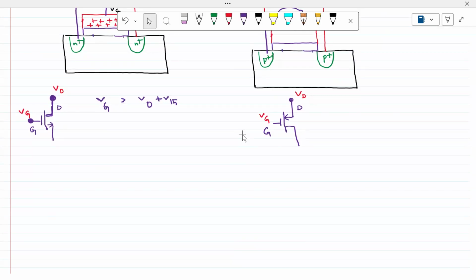Under this condition, the MOSFET current equation follows IDS in a linear fashion.